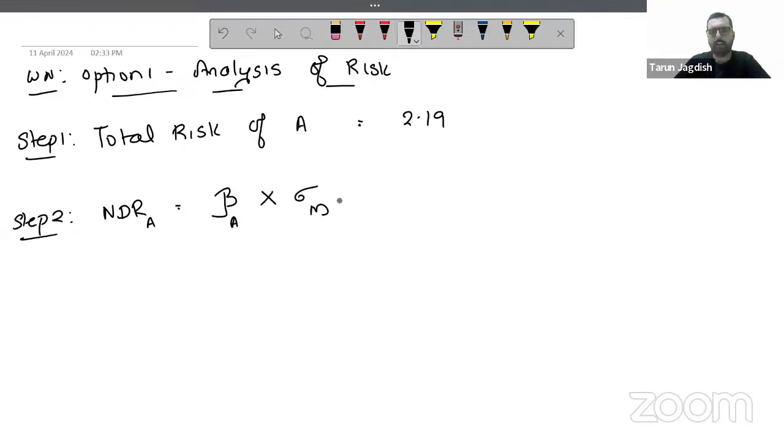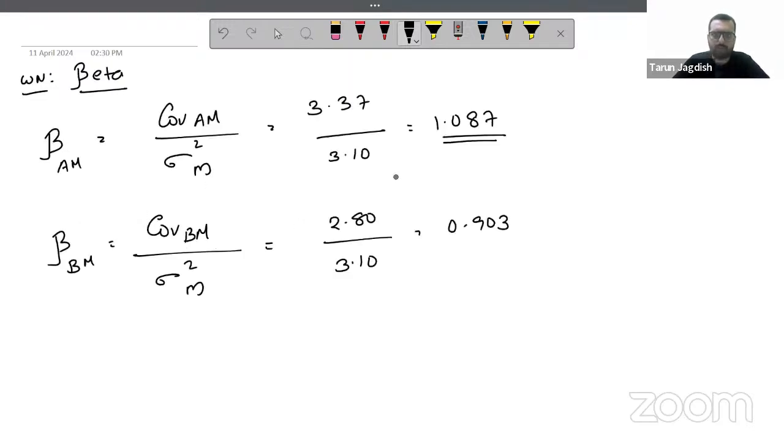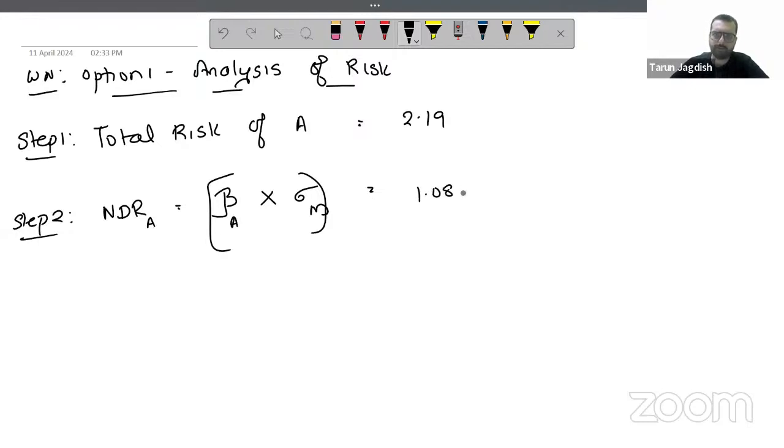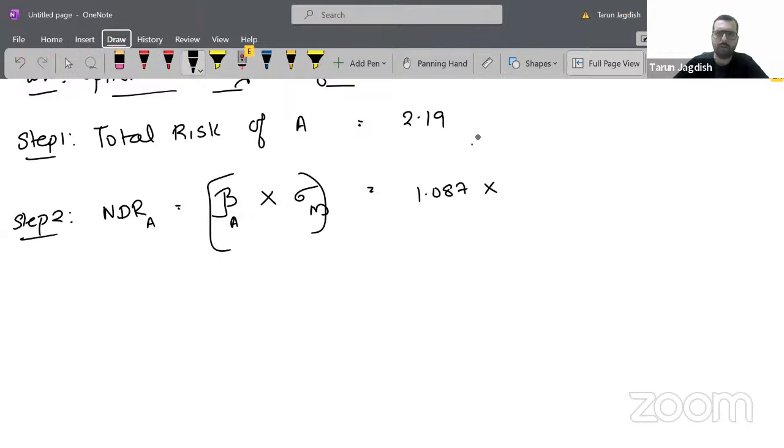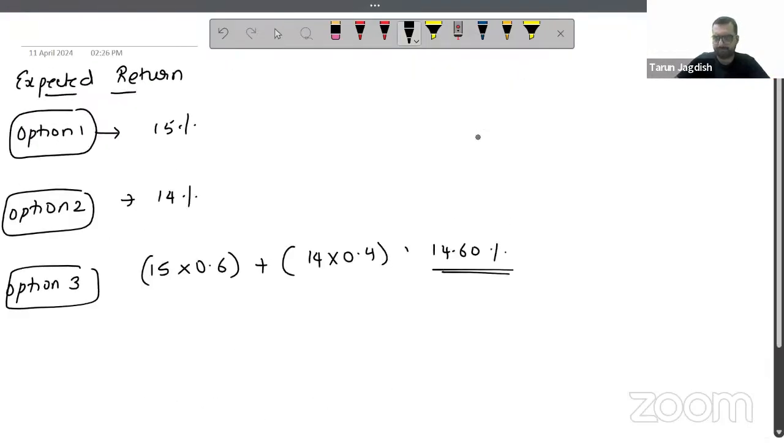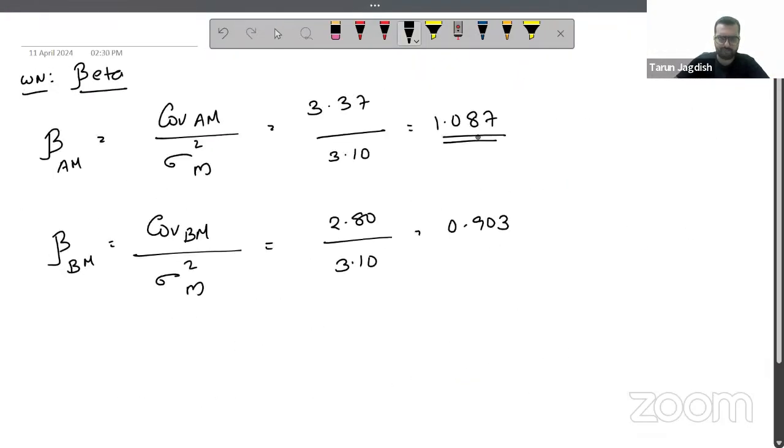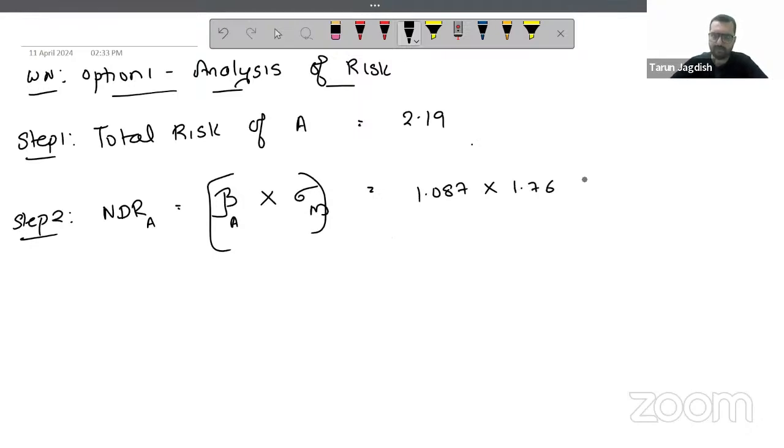Beta of A into standard deviation of the market. Or in other words, how much is beta of A? 1.087 into standard deviation of the market we found out in the first part, 1.76. So what is the answer you will get? Do you get the answer as 1.91312?